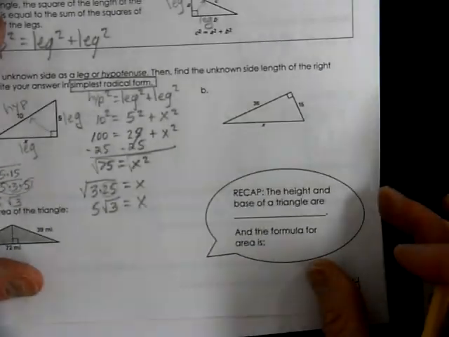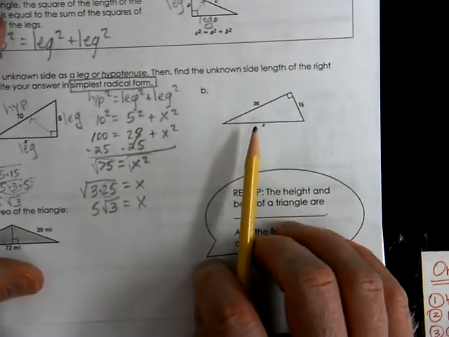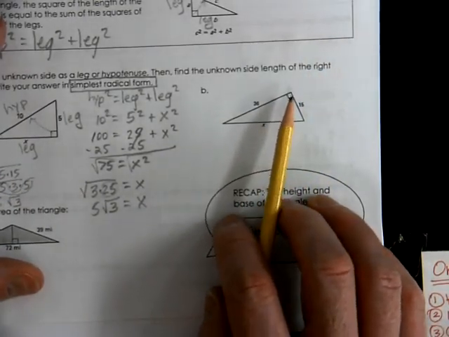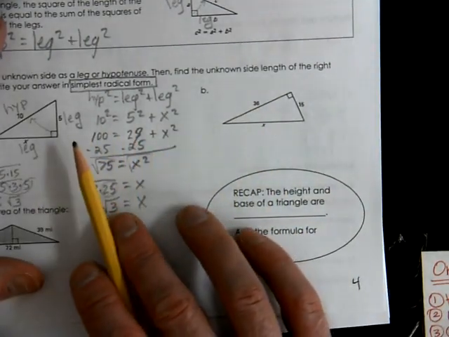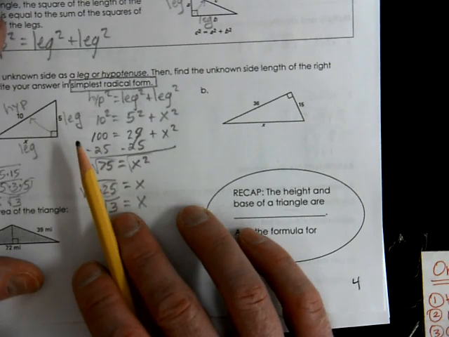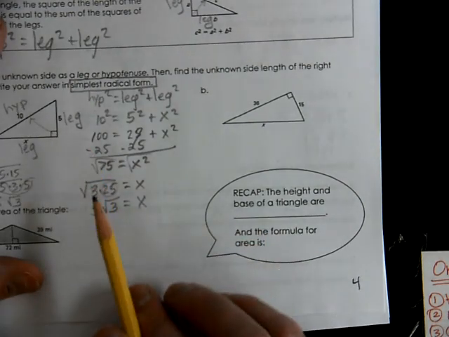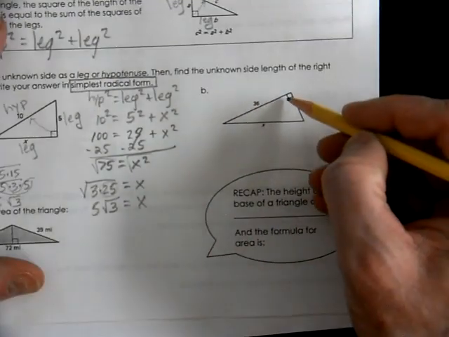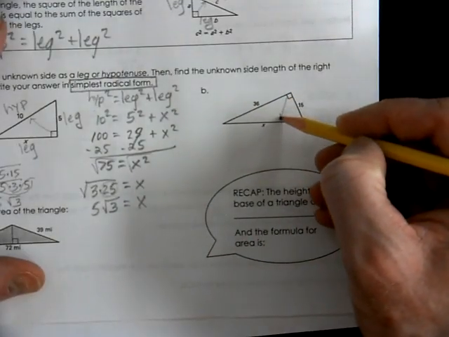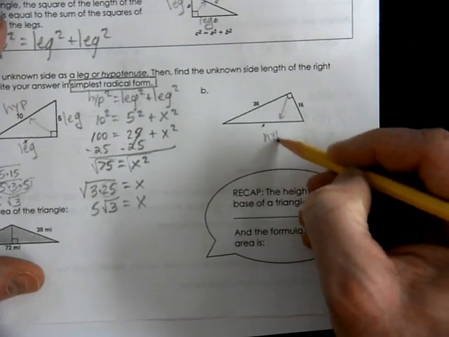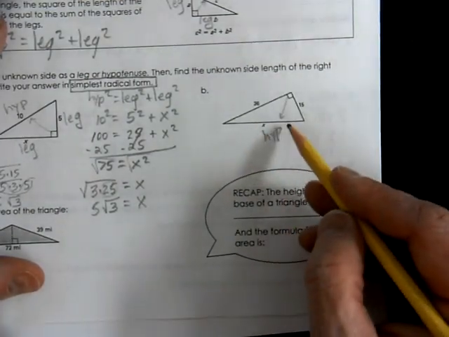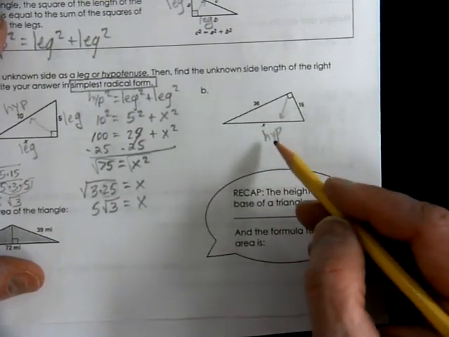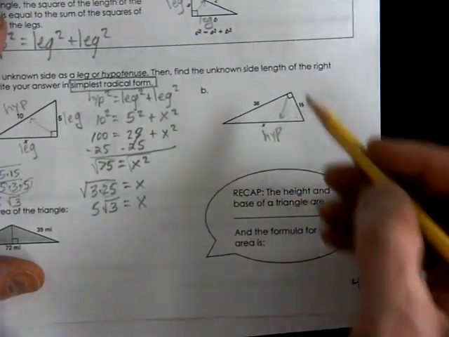Let's try this one. Take a look. What's different about this question compared to that question? Across from the 90 is the hypotenuse. So the x this time is the hypotenuse. Your unknown side is the hypotenuse.